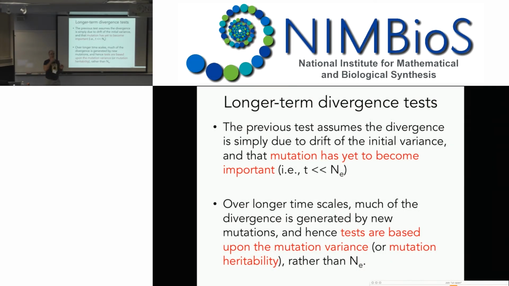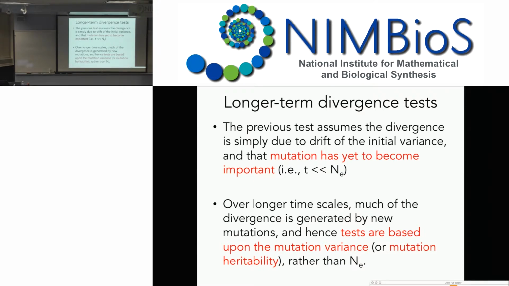So to frame where we are, I reminded you about these important concepts in quantitative genetics, this concept of additive variance, which we often measure by the heritability, which gives us some indication of a trait's ability to evolve. We talked about the effective population size and the fact that drift removes variation.